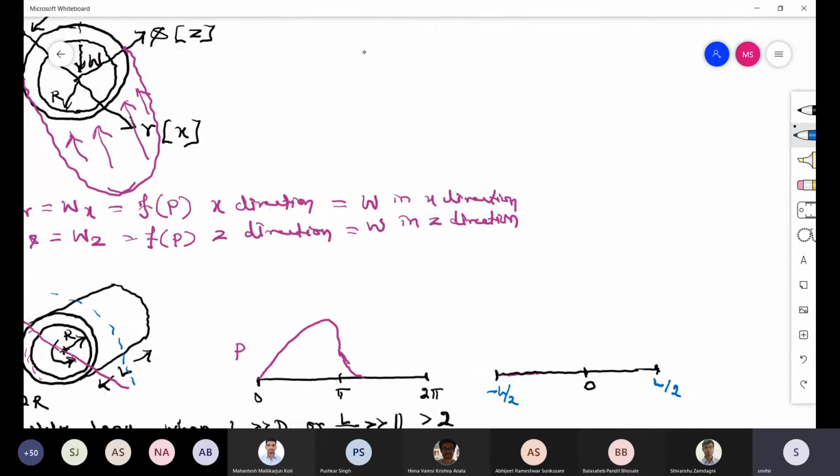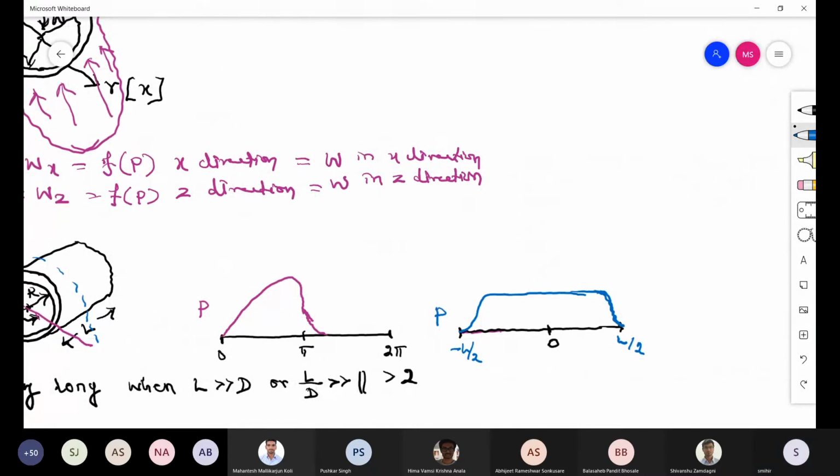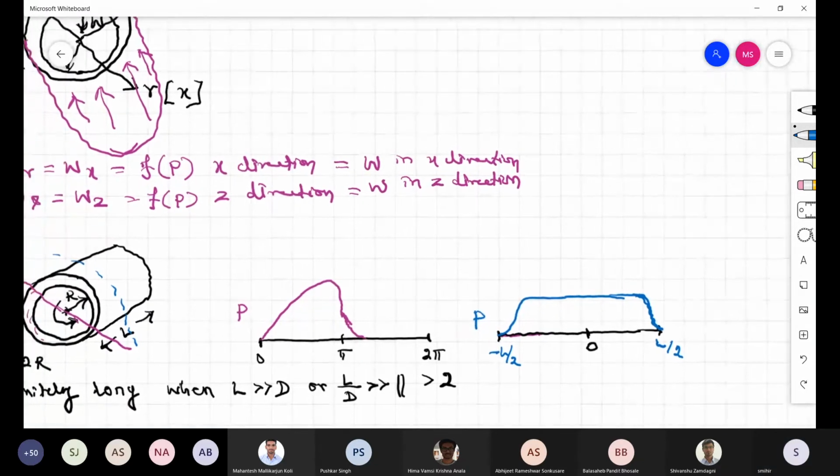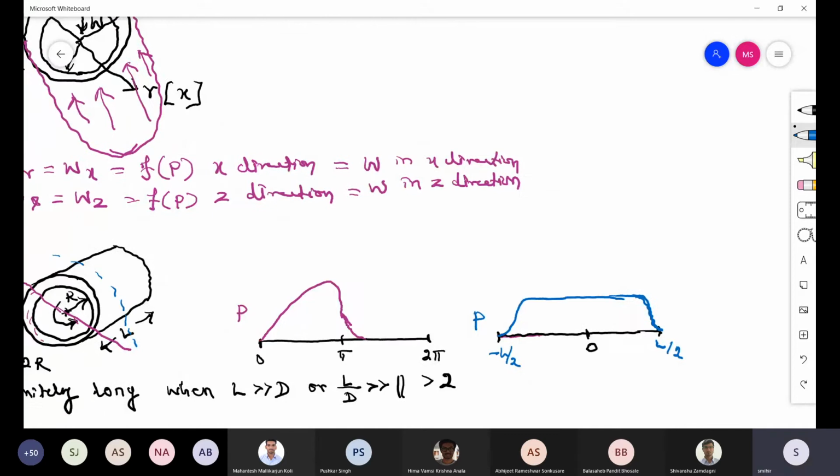Now if I plot the pressure profile, if it is infinitely long, it will look like this. Okay, so this is the pressure profile in Z direction for infinite long bearing. Try to understand. You can imagine the ends are open to the atmosphere.